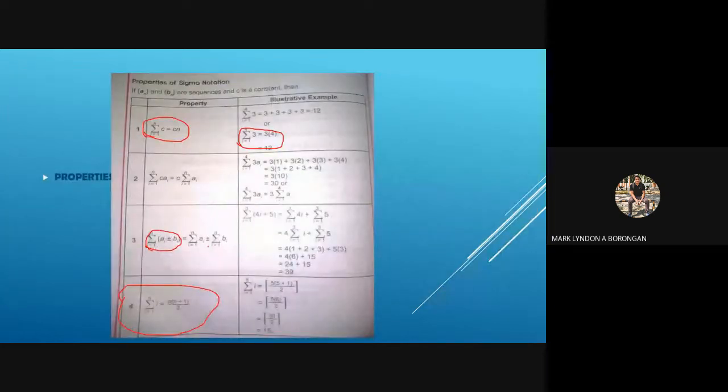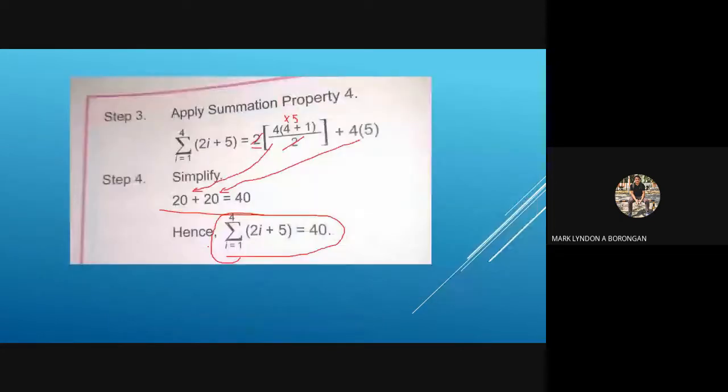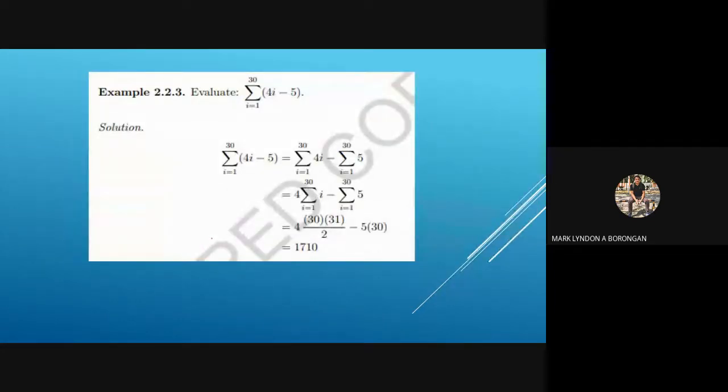You can separate it so that you can solve it by parts, so that it is clearer and you won't be confused. Now, since we have separated them, this one is automatic because it is a constant. You simply multiply the constant and the upper limit. So 5 times 30 is automatically 150.